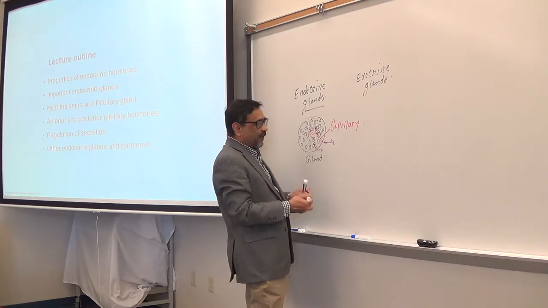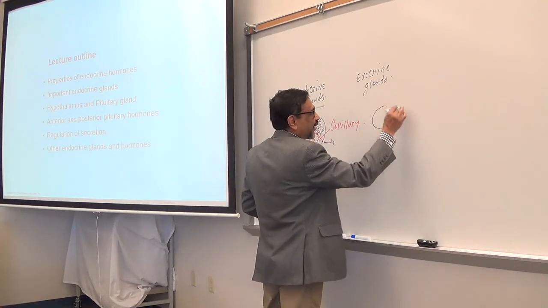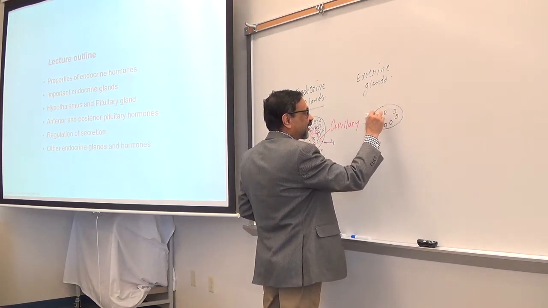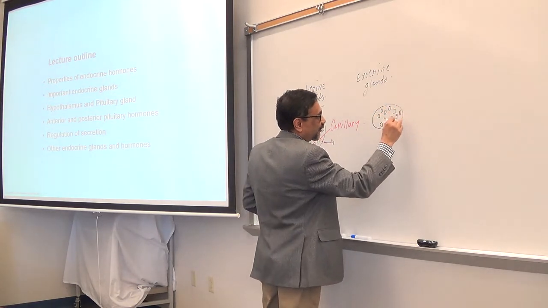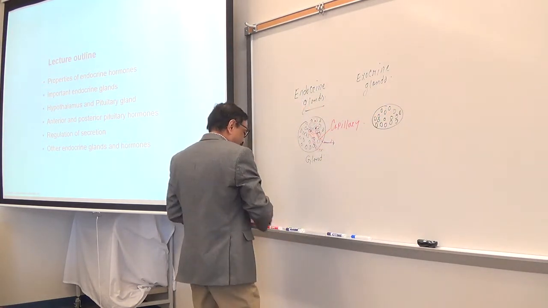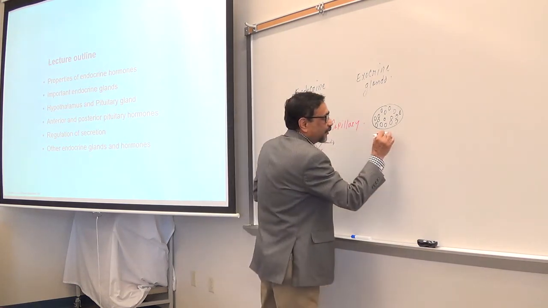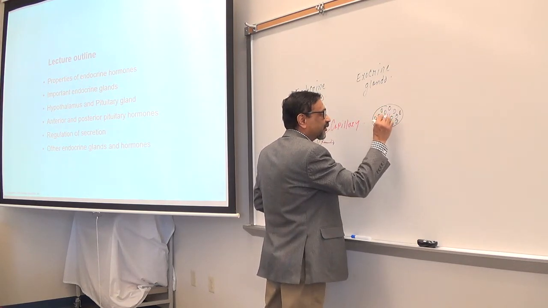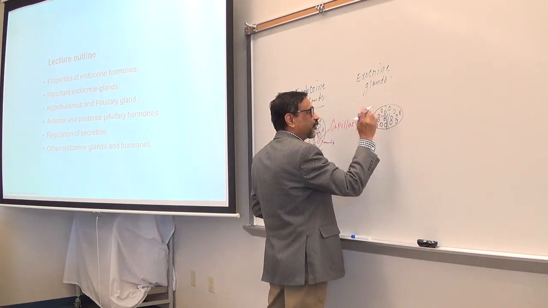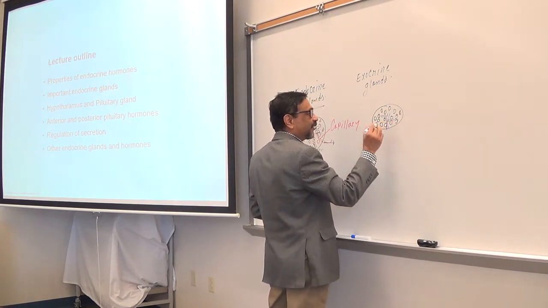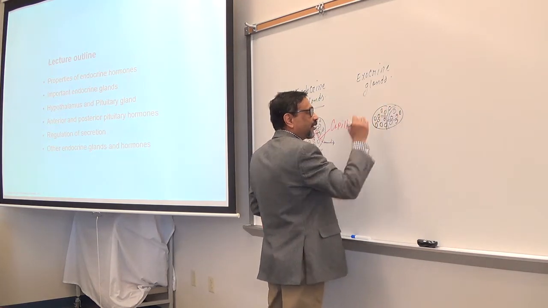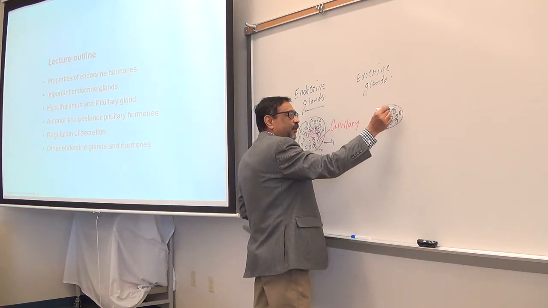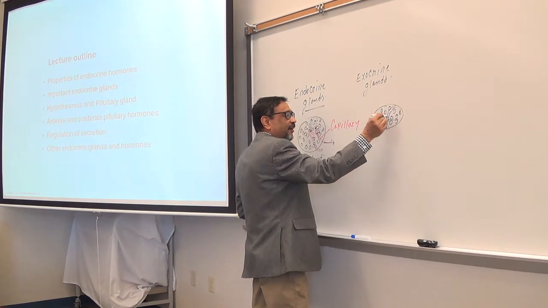In case of exocrine, this is the exocrine gland, and these are the cells that secrete the chemical. Inside the exocrine gland you have tube-like structures. Those are called the ducts, tubes. So these are the ducts. And these cells directly secrete the chemical into the tube or duct. Okay?